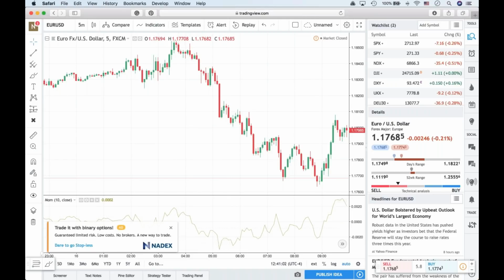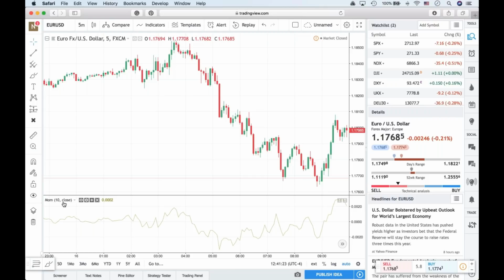As you can see, it says momentum 10. So 10 is the value. We're not touching it, we're just leaving it as it is. It's enough for what we're trying to achieve here. So that's what your chart should look like when you start trading this strategy.